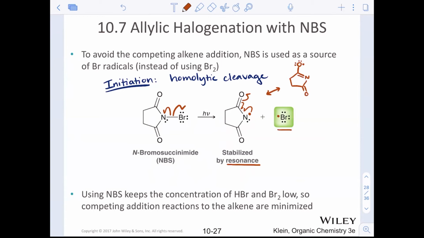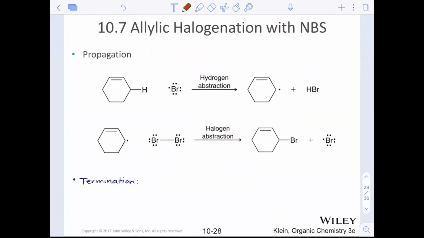And so Br radical will continue on in our propagation steps. So just again to confirm, we use NBS over the reaction arrow instead of Br2 because NBS will keep the amount of bromine radical and Br2 low so that we don't have any competition with reacting the pi bond in the alkene, like what we saw in chapter 8.